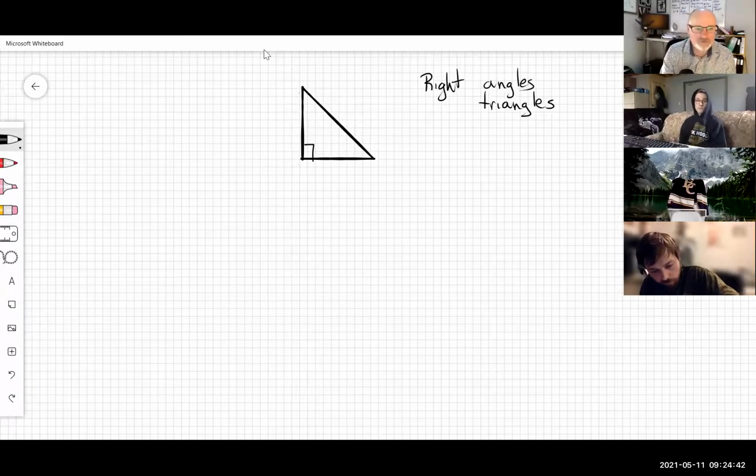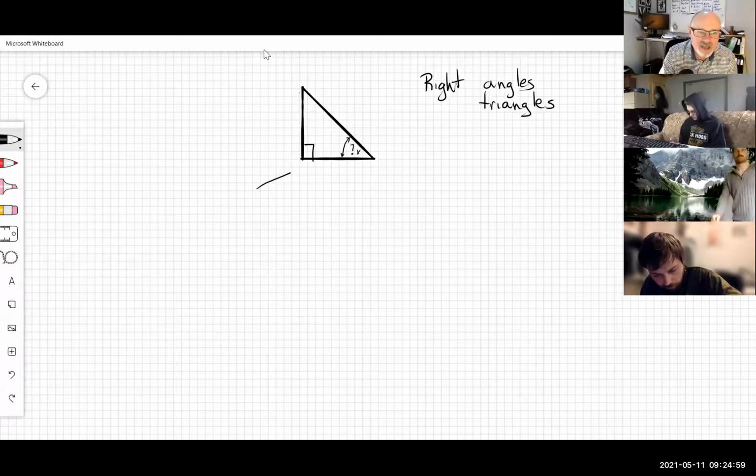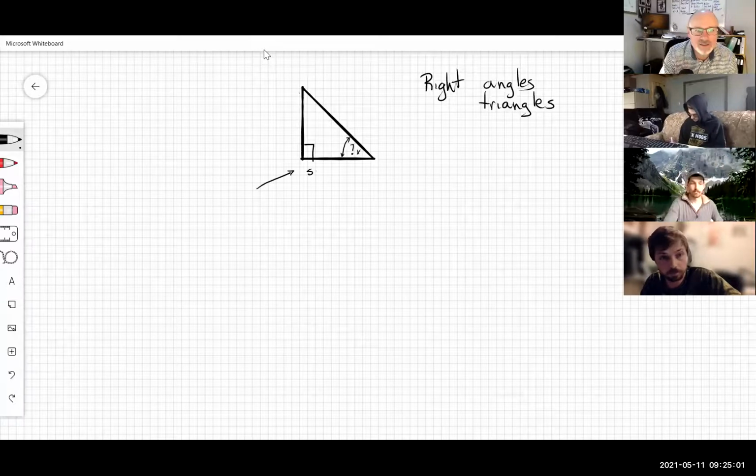First off, if I was to talk about this triangle, and I'm going to say that the angle that I'm going to discuss is right here, this X, I would call this line right here the side adjacent.